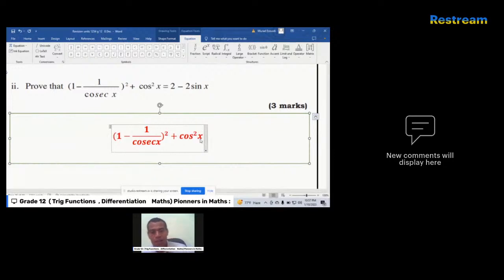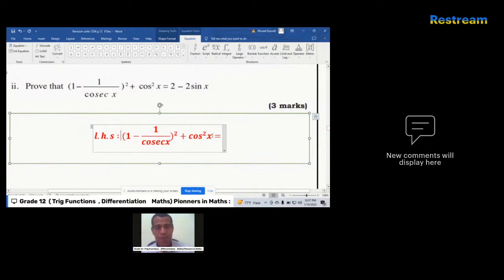I will now start from the left hand side. Learners, you already know that cosec x is the reciprocal function of sine.